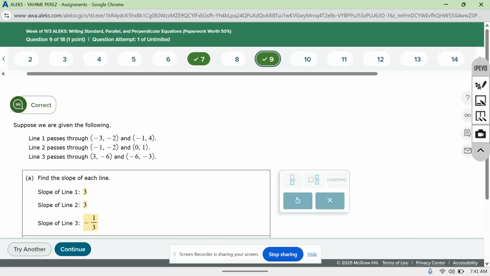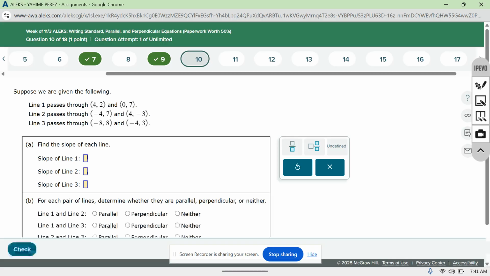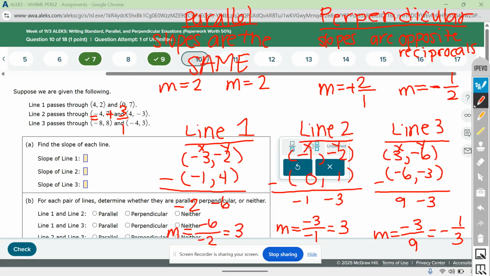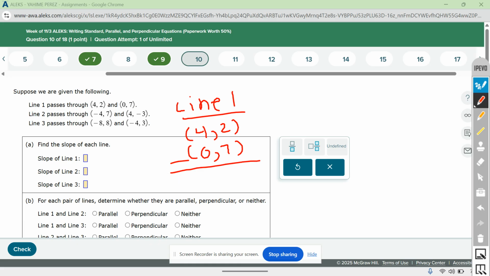Okay, I think the rest of these questions are all parallel and perpendicular. Let's see. I'm going to do the same thing. We're going to find the slope of line 1. So I'm just subtracting here.